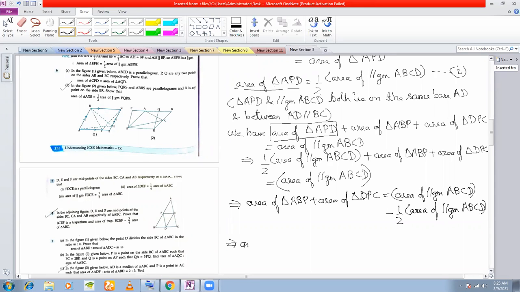That means area of triangle ABP plus area of triangle DPC is equal to half area of parallelogram ABCD.